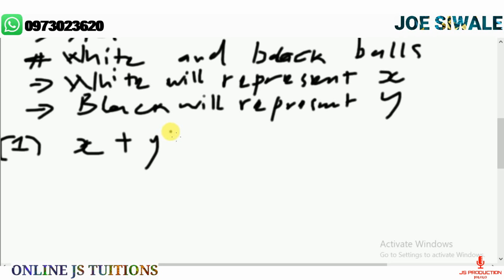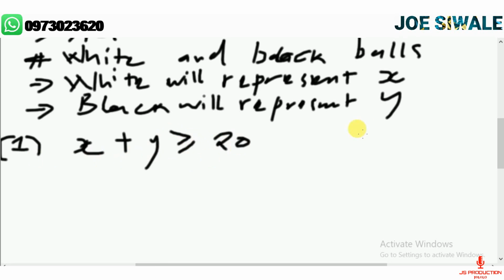And since we have at least, that's going to be greater than or equal to 20. So that's the particular situation where you have been given at least in a particular sentence or in a particular situation. And you can draw this inequality on your graph.